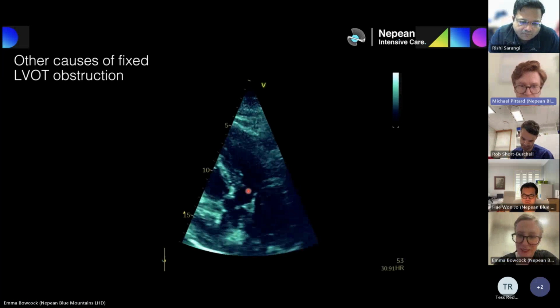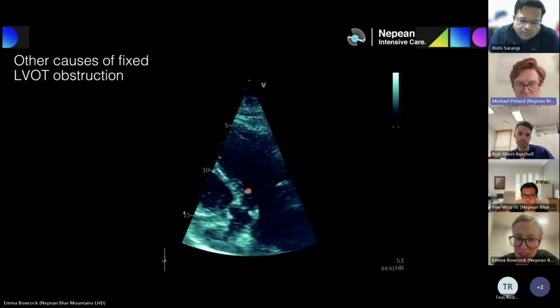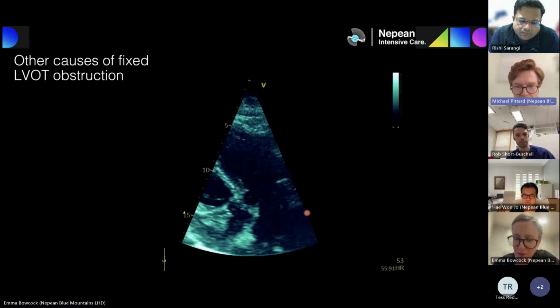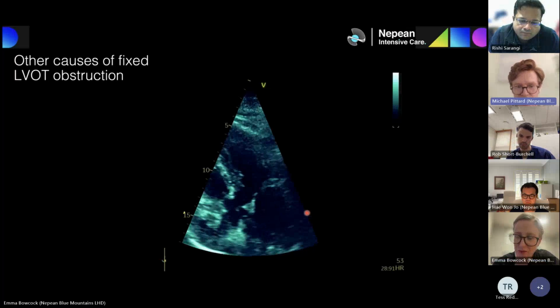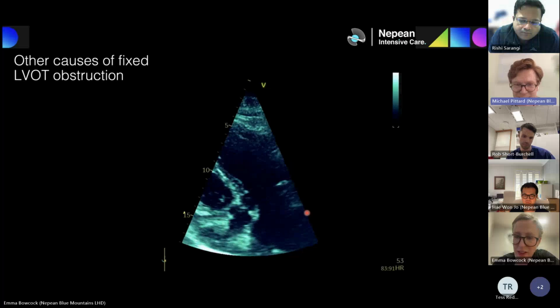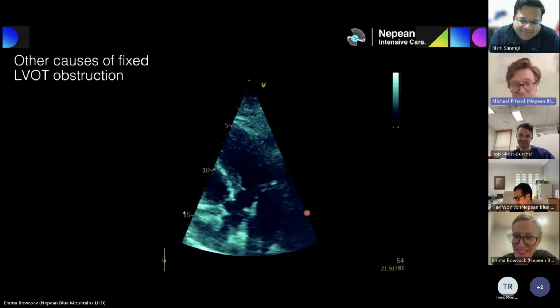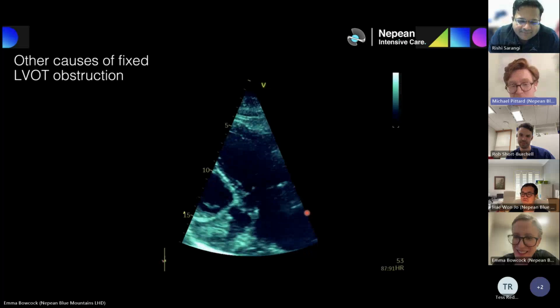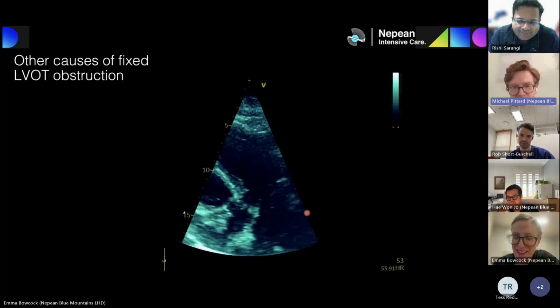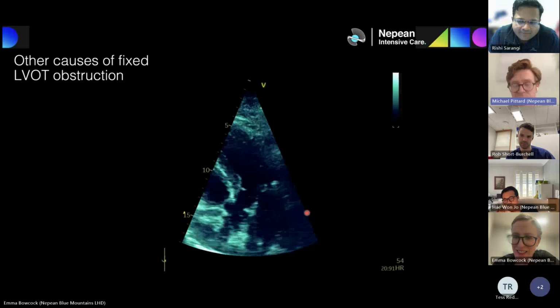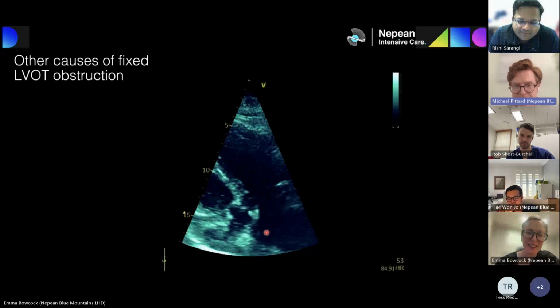I'd like to confirm it in other views and have things like colour Doppler and continuous wave Doppler, but especially as we talk about aortic stenosis, it could be a structure causing a subvalvular membrane causing subvalvular stenosis.